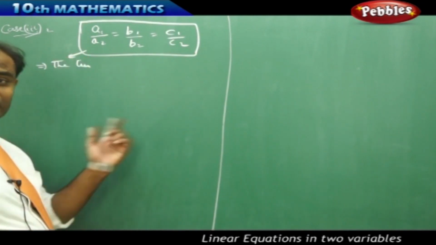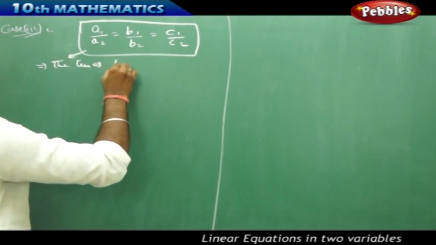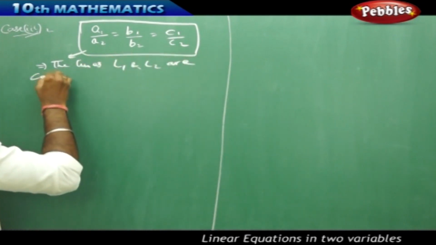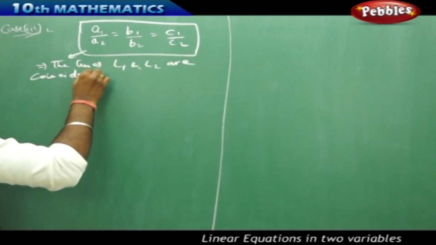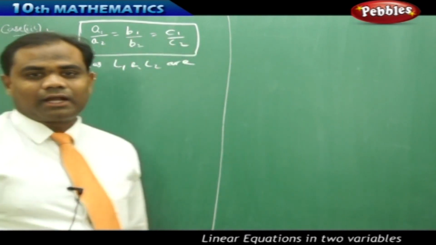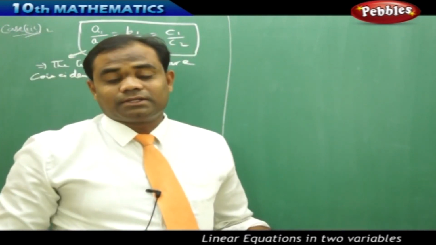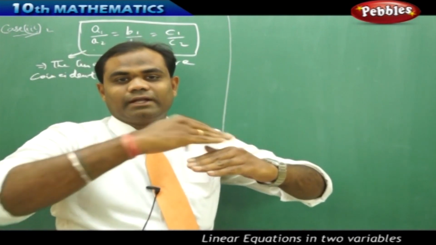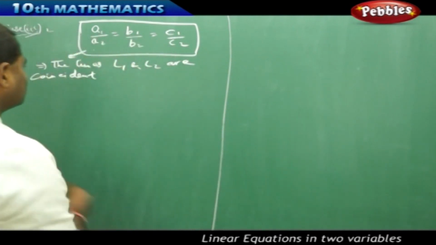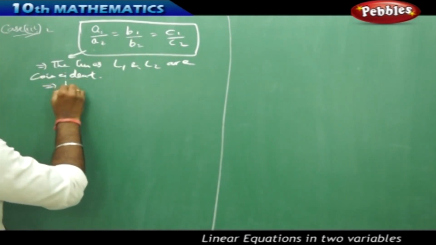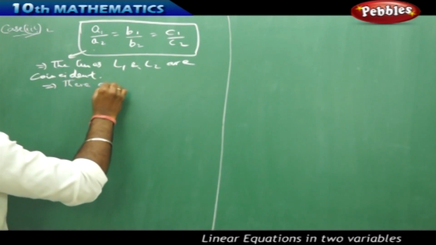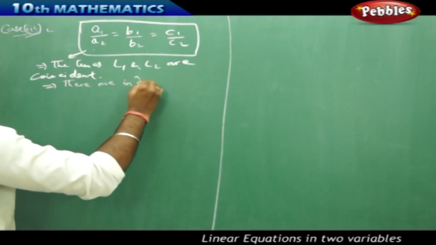the lines L1 and L2 are coincident for this condition, and coincident implies infinitely many solutions because one line passes through the other line infinitely many times. Therefore, that implies there are infinitely many solutions.